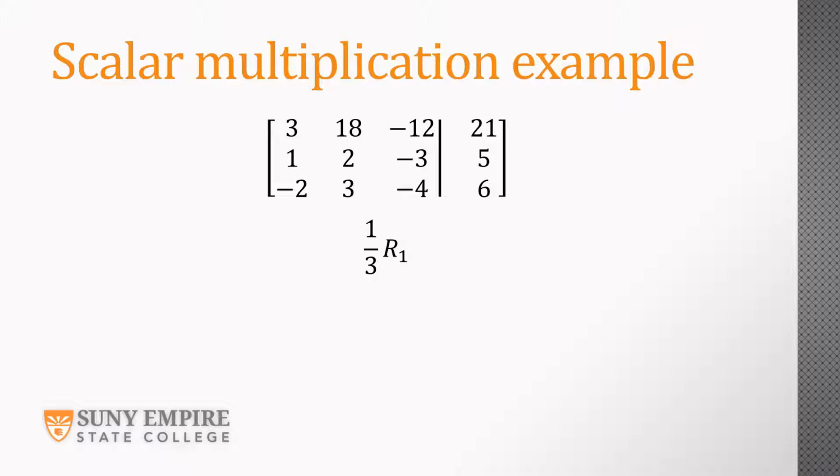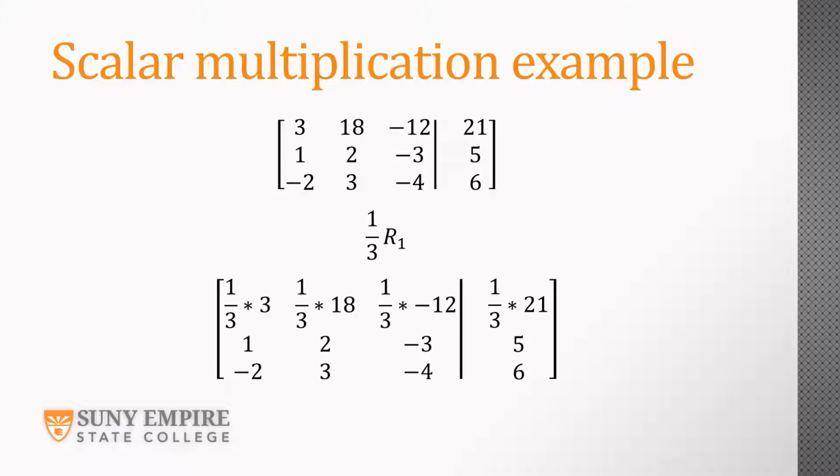Suppose we start with the same original matrix 3, 18, negative 12, and 21, then 1, 2, negative 3, and 5, then negative 2, 3, negative 4, 6. This time, we want to find the scalar multiplication of 1/3 multiplied by row 1. To complete this row operation, we will multiply each entry in the top row by 1/3. The other two rows stay exactly the same.